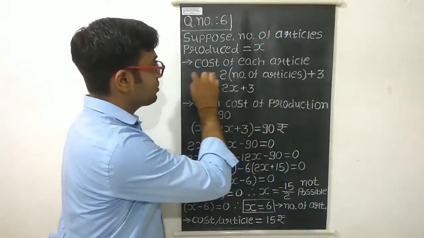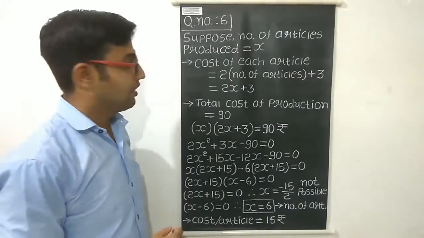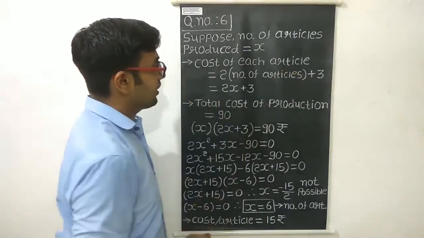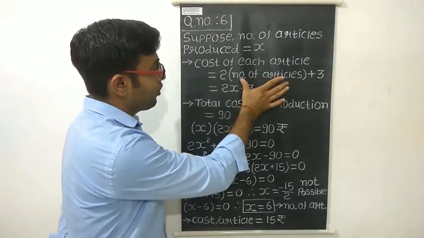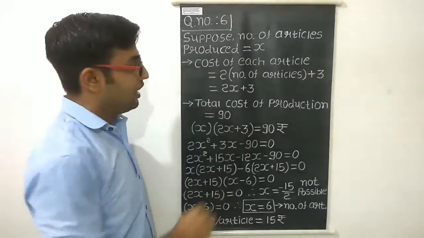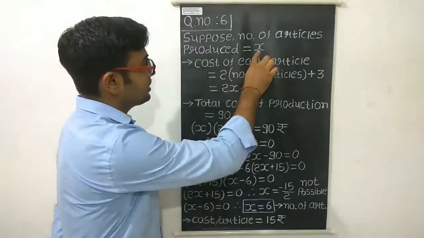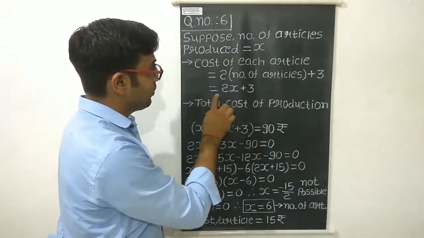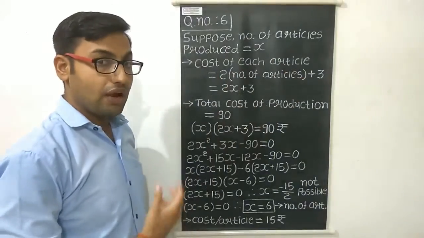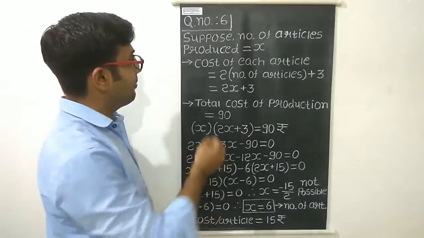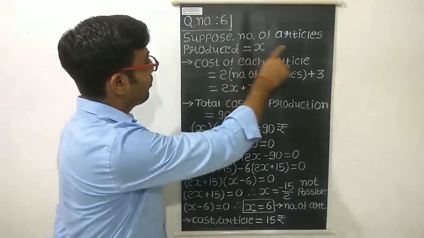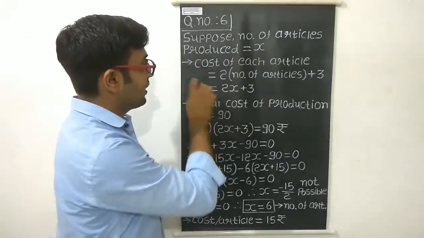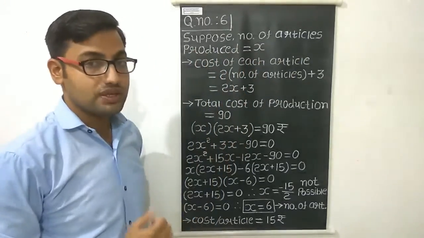That gives us the cost of each article. So the cost of each article is twice the number of articles plus 3, and since the number of articles is x, the cost of each article is 2x plus 3. Now we have both things in one variable: the number of articles is x and the cost of each article is 2x plus 3.